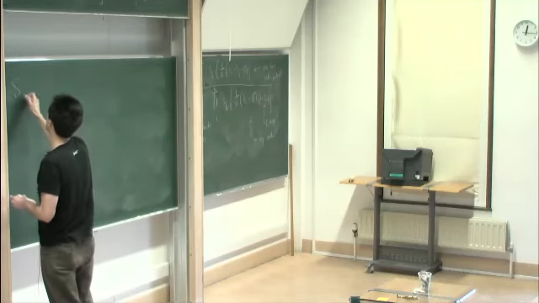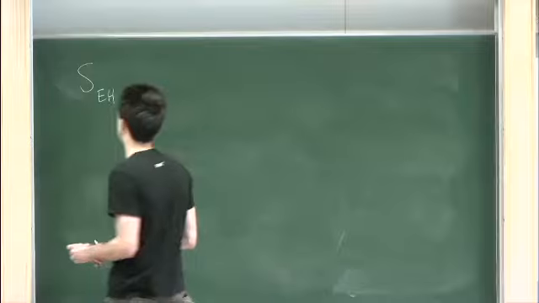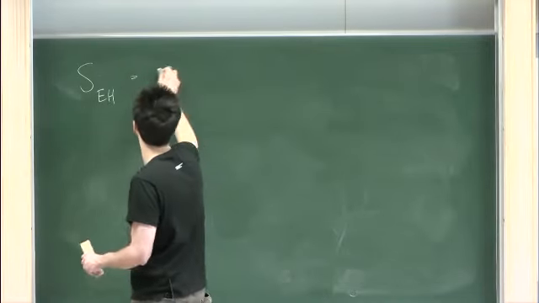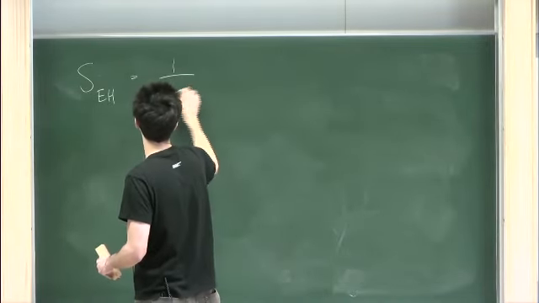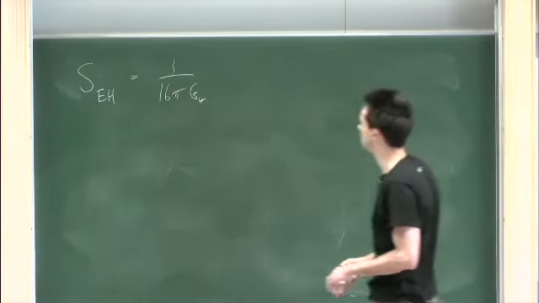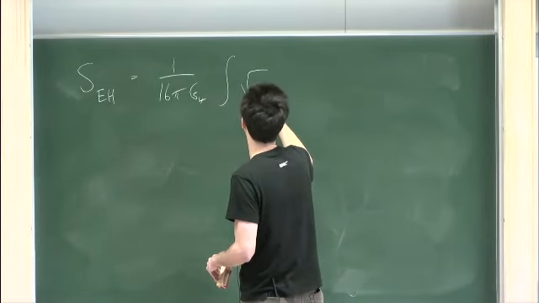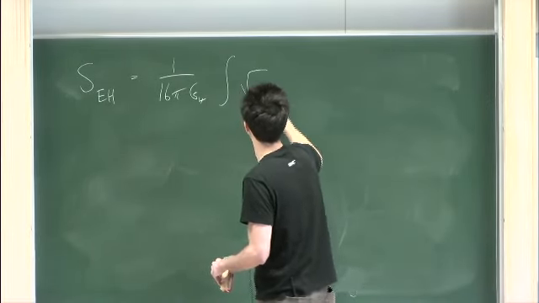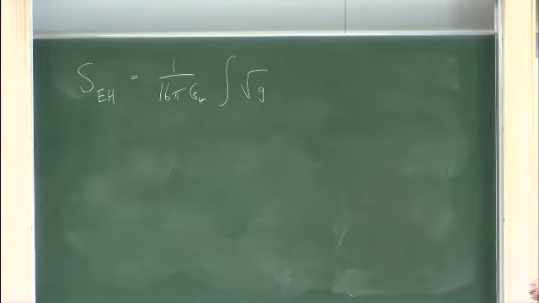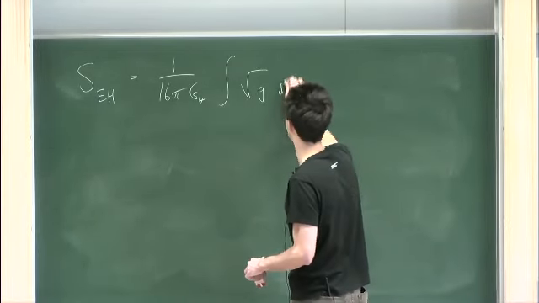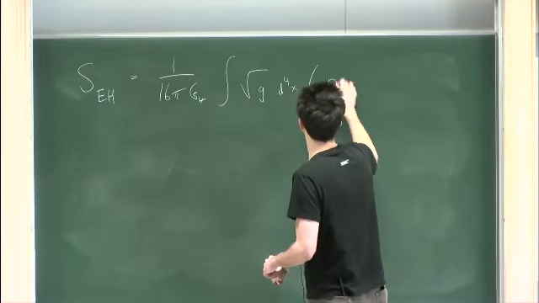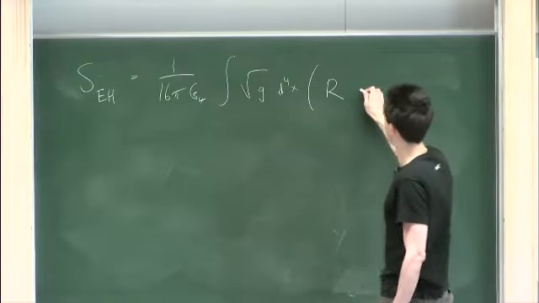Okay, so the Einstein-Hilbert action is 1 over 16 pi G Newton in 4 dimensions, square root. Well, okay, normally you would write minus g. I'm going to be in Euclidean signature, so it's actually square root g d4x. I have the Ricci scalar.